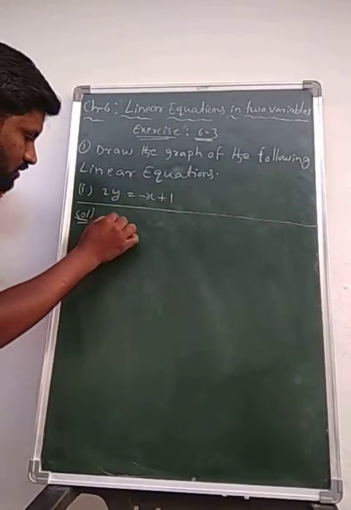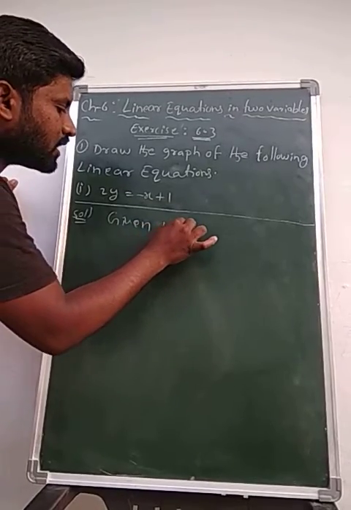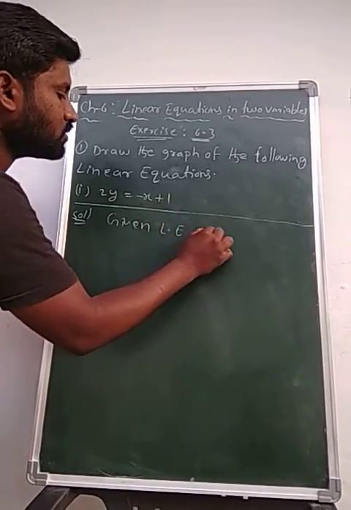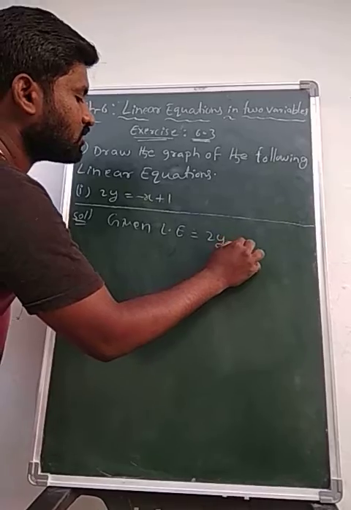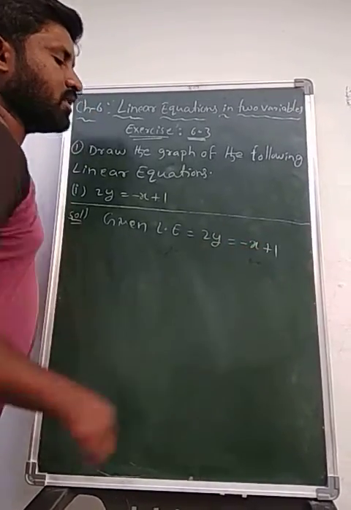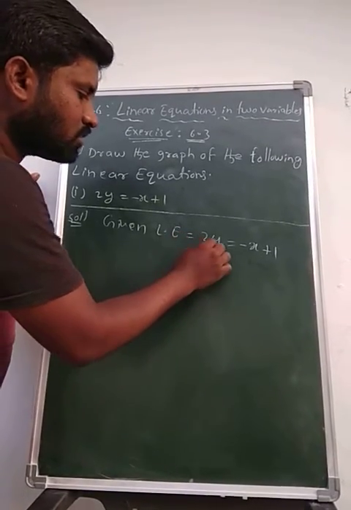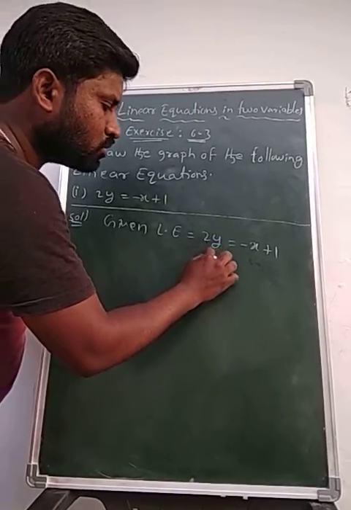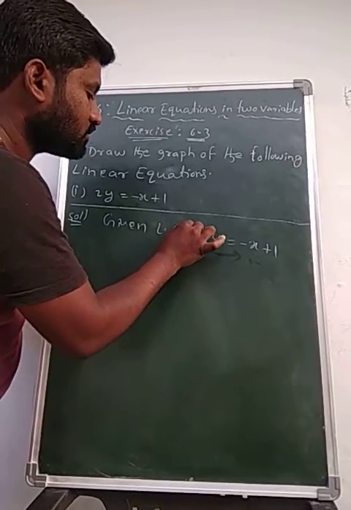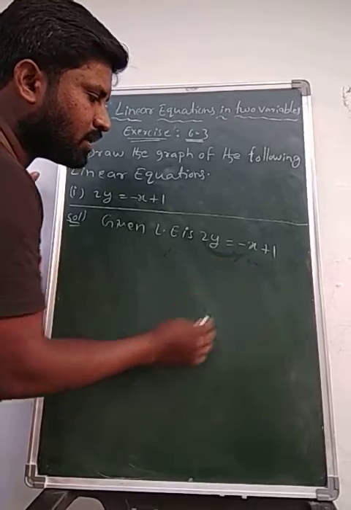As per procedure, the given linear equation is 2y = -x + 1. Okay, then if we transpose 2 to the RHS side, what happens?